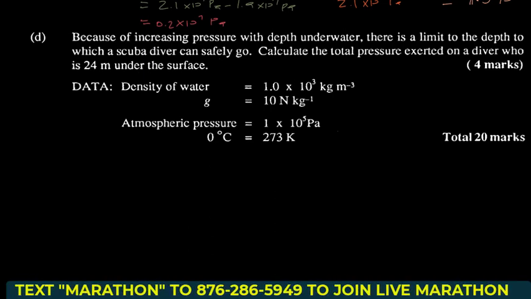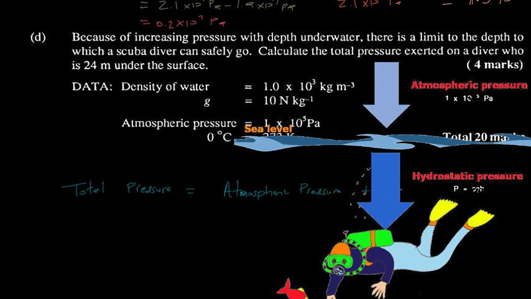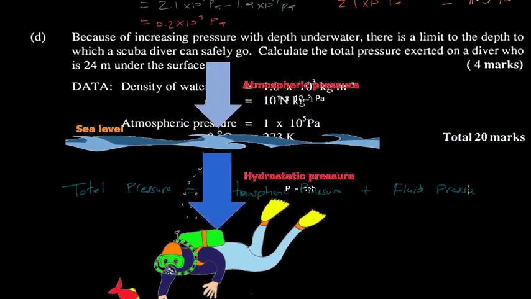Since we're trying to find the total pressure on the diver, the total pressure will be due to the atmospheric pressure plus the fluid pressure, or the pressure due to the water.